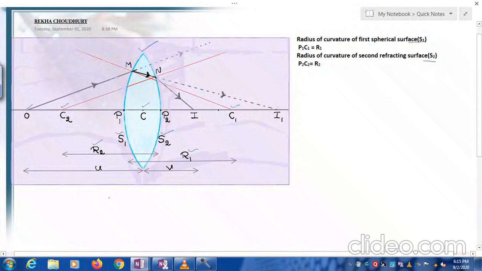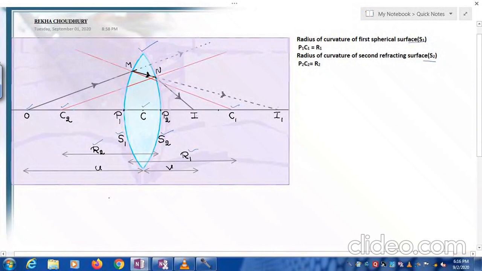So here C1M is the normal to the spherical surface S1 at the point M. Again, we know that the radius of curvature of a spherical surface is the normal to the surface at that point. So this C1M, which is the radius of curvature, is also the normal to the surface at the point M.